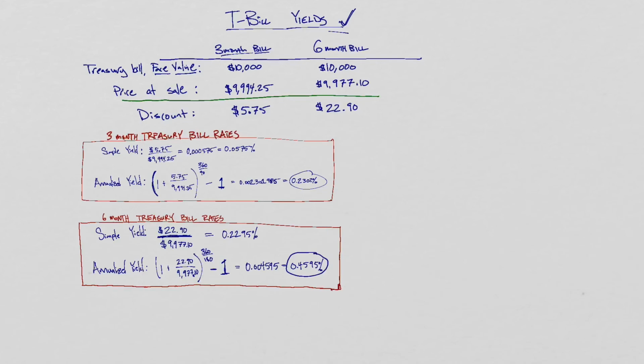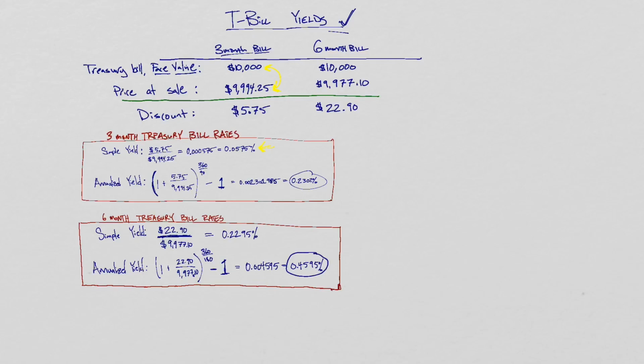And there's one more thing I wanted to mention with Treasury bill yield pricing, and that's the distinction between Treasury bill yields and futures pricing on treasuries. Here, the simple yield, the way we're getting it, is we're taking the face value and subtracting the price that we pay, and then dividing by the price that we pay to get a percentage rate.